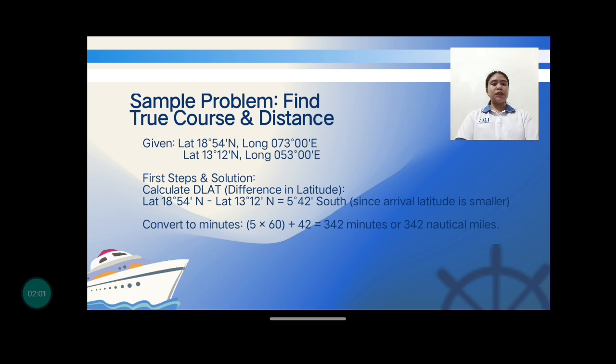So since the arrival latitude is smaller, the name of the latitude is south. So next we need to convert into minutes. So 5 times 60 plus 42 equals 342 minutes or 342 nautical miles.